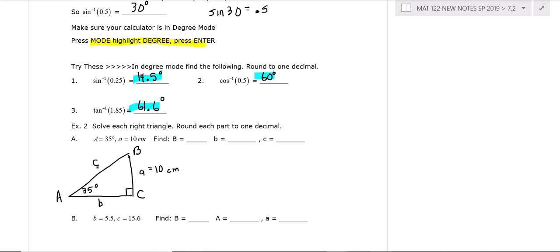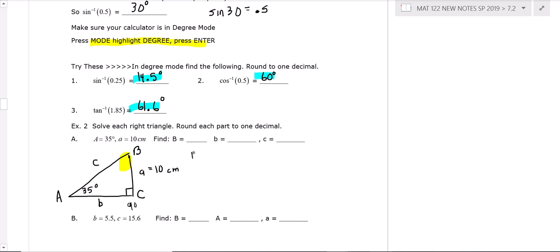Okay? So this one you can start in a lot of different places. The first thing I would recommend is you just start off by finding angle B. Because all three angles in a triangle add up to 180. See, this is already 90, so that's 35. Now if this is already 90, then these two angles add up to 90.